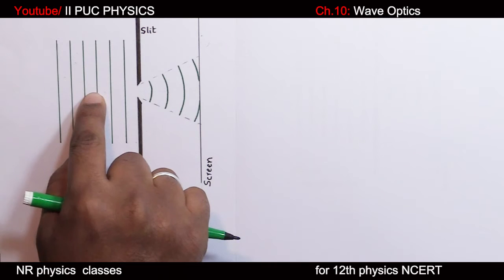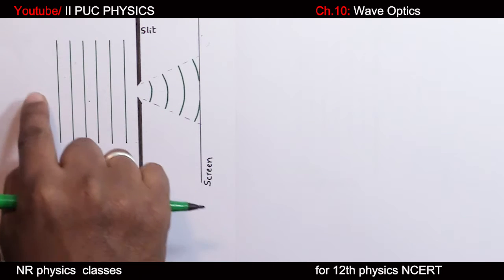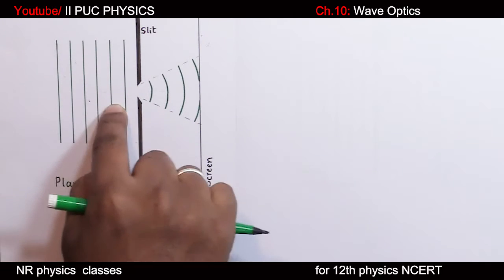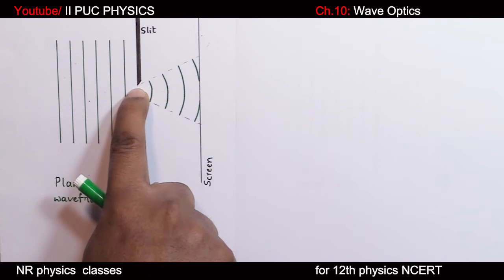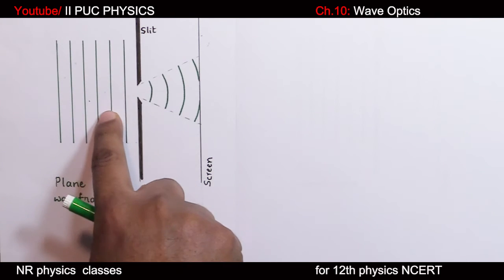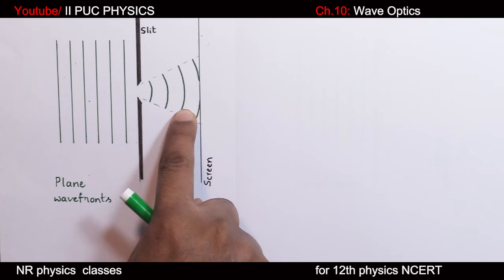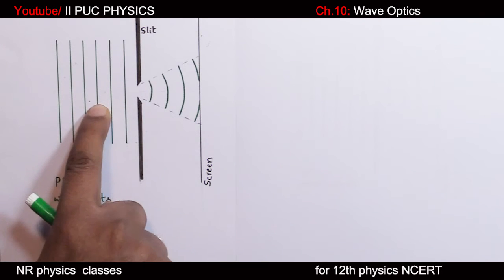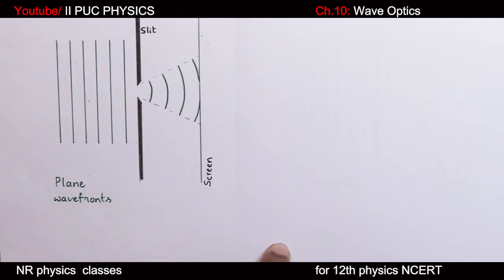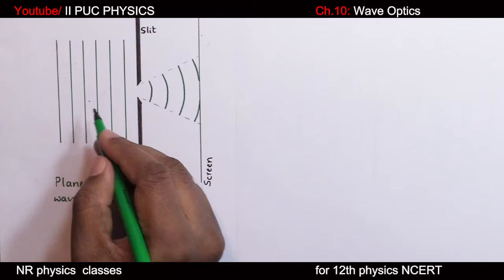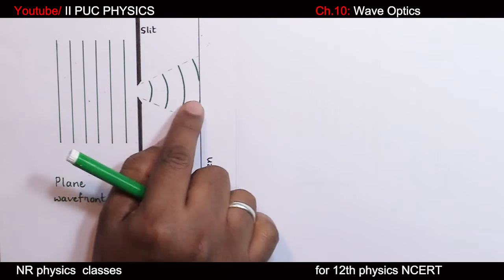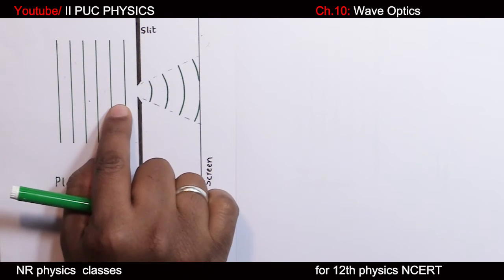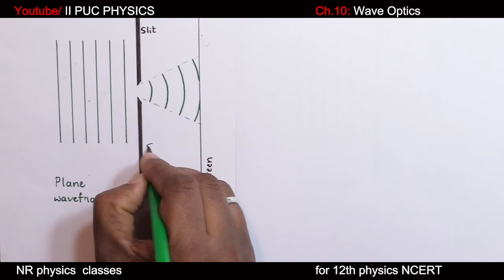In the laboratory, using a convex lens and a source, we can get a parallel beam of light. So plane wavefronts are falling on the slit, and plane wavefronts will become spherical wavefronts. Can you observe? Plane wavefronts, spherical wavefronts. Plane wavefronts to spherical wavefronts is nothing but diffraction, because spherical wavefronts can spread, but plane wavefronts cannot spread. So this is spherical.